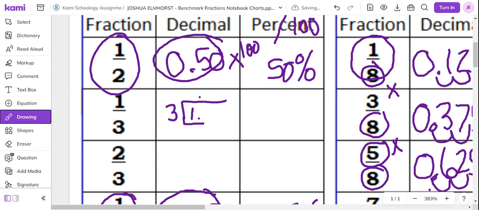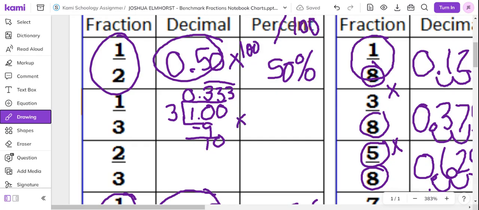How many times does 3 go into 1? 0. So we put a decimal in here and then we continue dividing. How many times does 3 go into 10? 3. And that is one of our repeating remainders. We're going to keep getting 1 remainder out of 10, and that will give us repeating 3s.